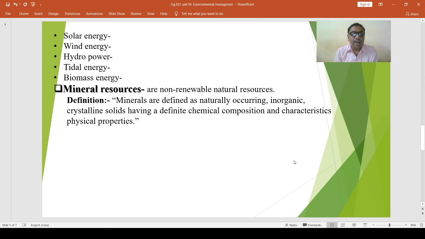Impact of mineral extraction and use on environment. Mineral extraction causes several environmental problems due to extensive and intensive mining activities. Mining and drilling deface the land. Extraction and processing of minerals create environmental problems.